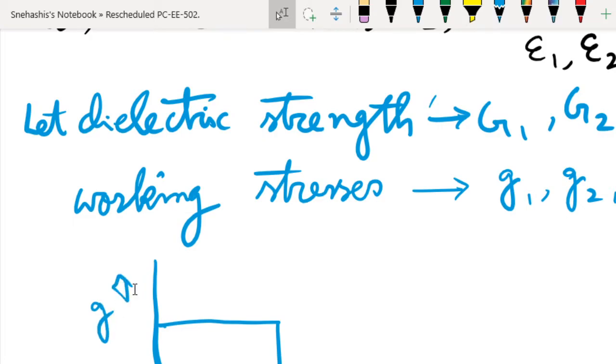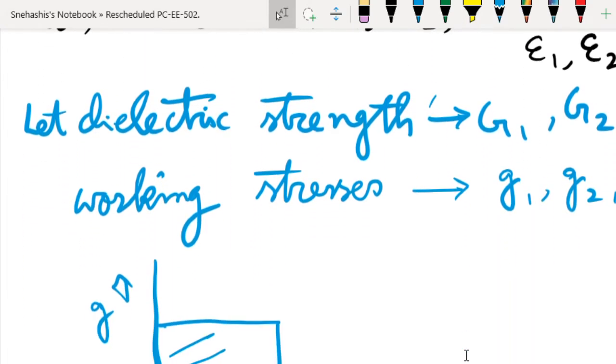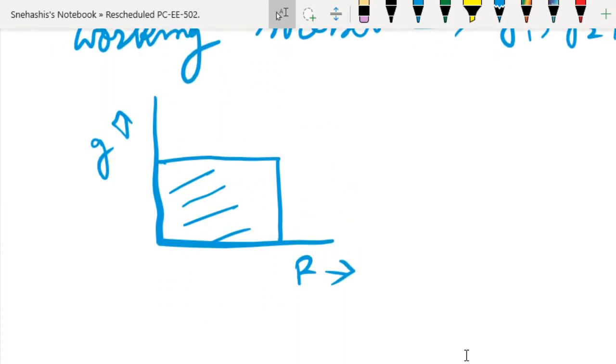If this is your stress and this is your radius, there should be uniformity. For various radii with different permittivities having different dielectric strengths and working stresses, we cannot put them arbitrarily. We have to obtain a certain pattern, and that may be done using two possibilities.